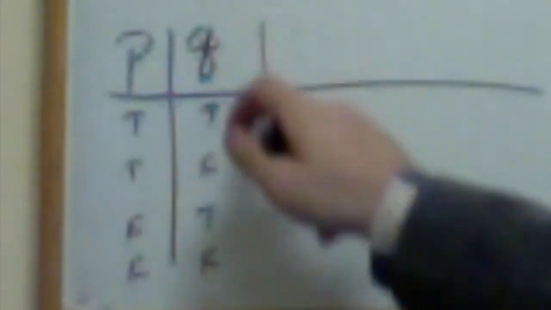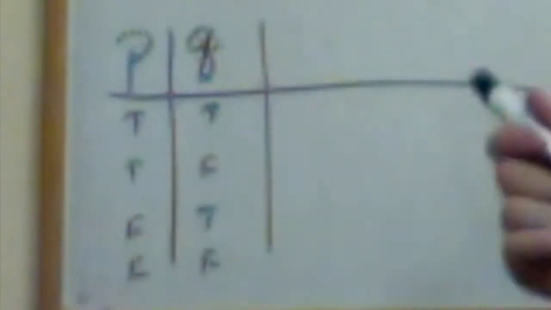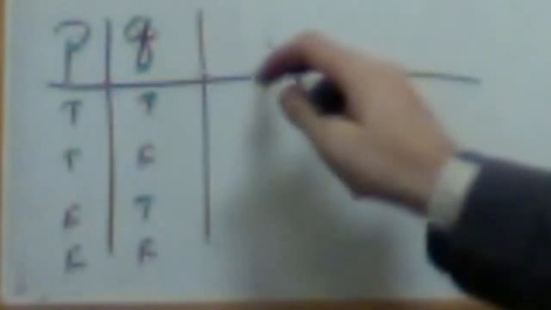Okay, so now let's take our first statement here, which is tilde (p dot q). Okay, and our second statement here, which is tilde p wedge tilde q.